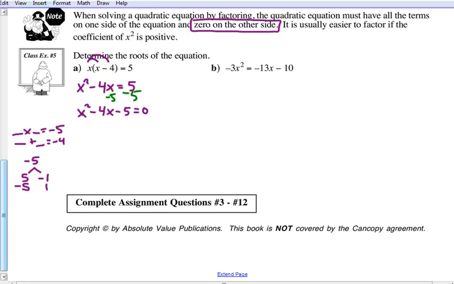Which one of these adds to -4? -5 and 1. Okay, so because this is simple, tell me all that I need to do here, or do you want to write it down? Okay, it's simple.